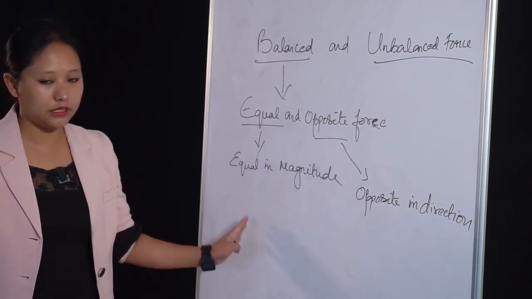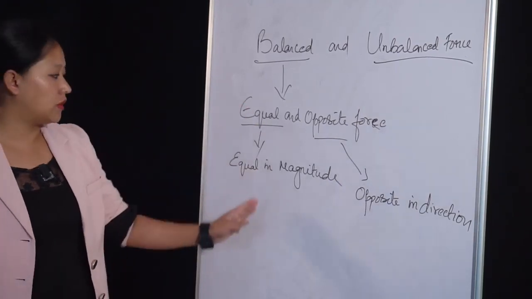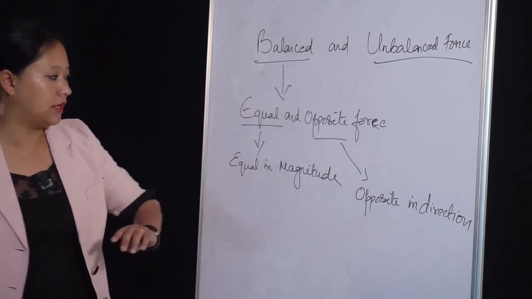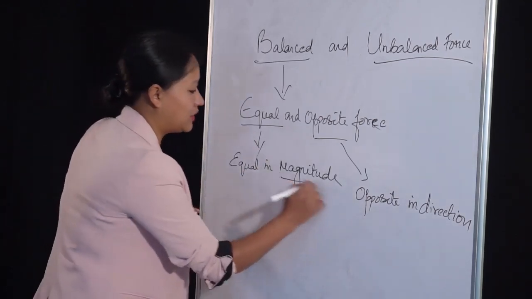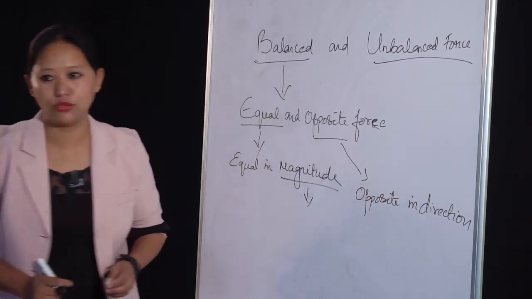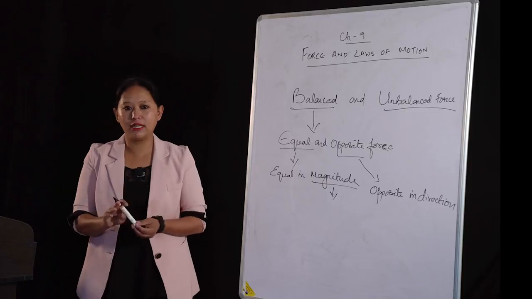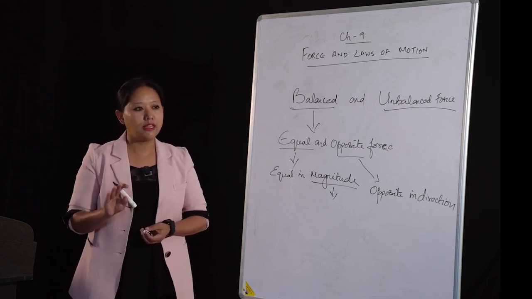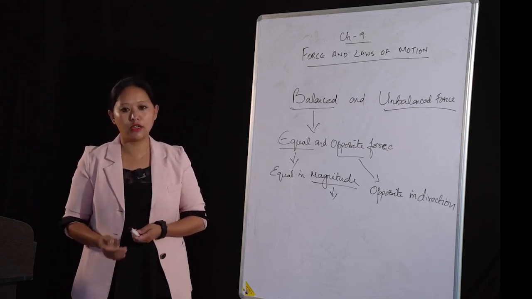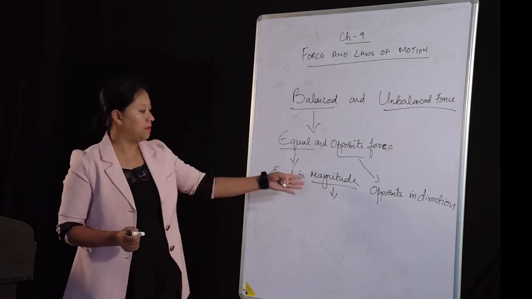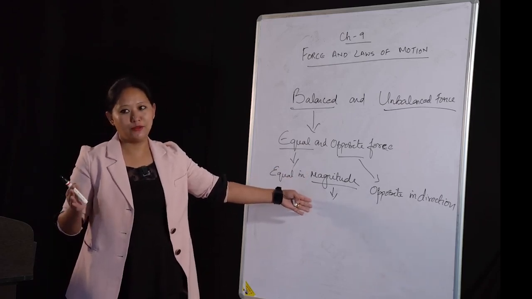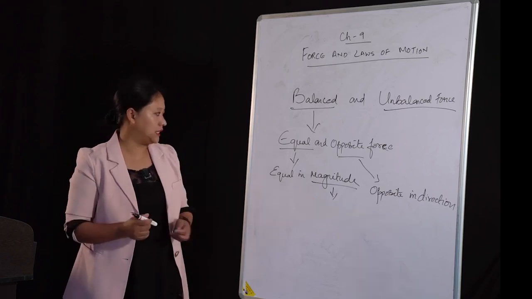This is the definition of balanced force: equal in magnitude and opposite in direction. Again, a new term comes here. What is magnitude? Magnitude is nothing but the numerical value that defines the measure of a quantity. I repeat, magnitude is the numerical value that defines the measure of a quantity.